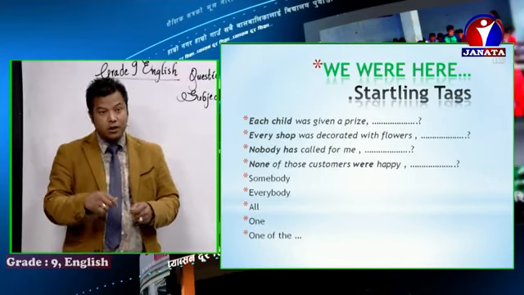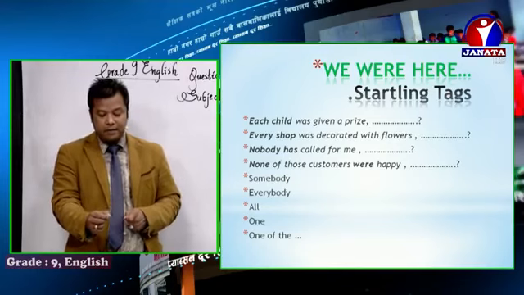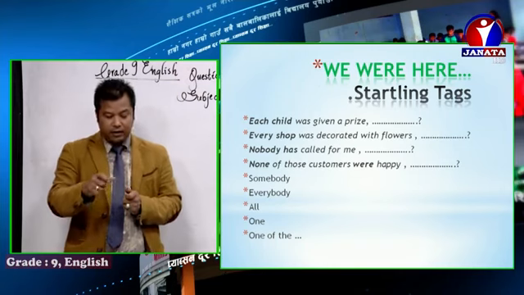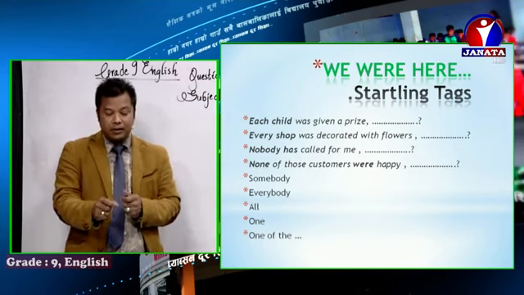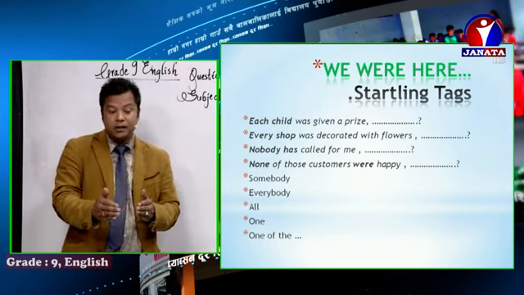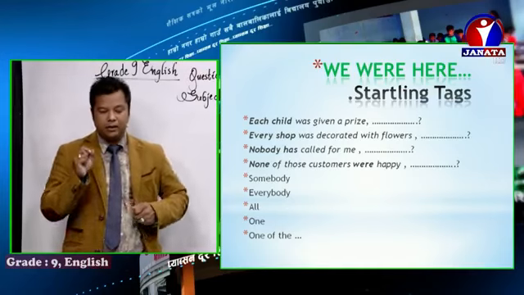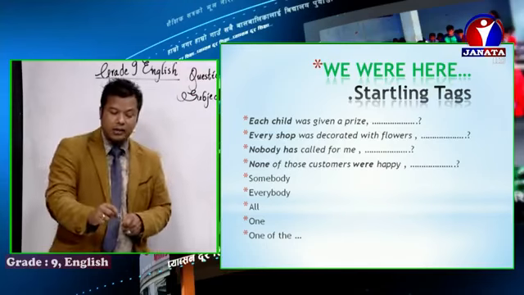The word each, like the other cases, every, is a quantifier. It is used here as an adjective because it governs the word child, each child. So each and every always take a singular noun, and with that you use a singular verb.